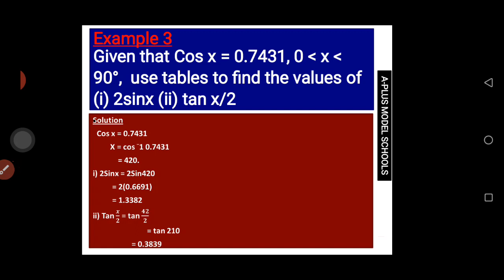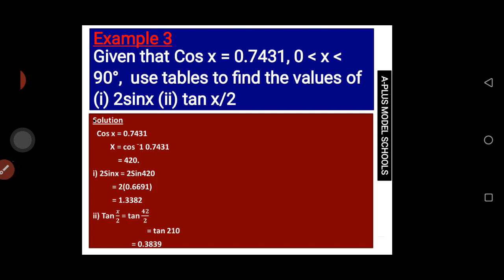And if you want to use a calculator, just press shift cos, then 0.7431. You will see that you have 42 degrees. Approximate your value to the nearest degree.